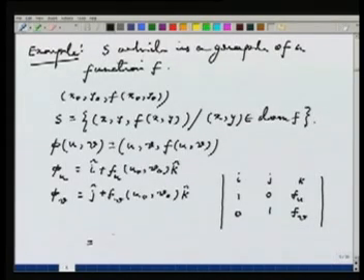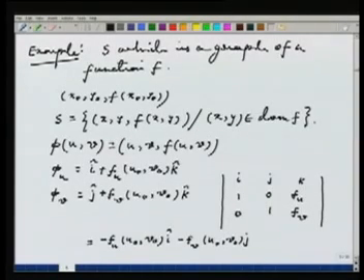What I get is minus f u at u naught v naught i, then with j, minus f v at u naught v naught j, plus k.